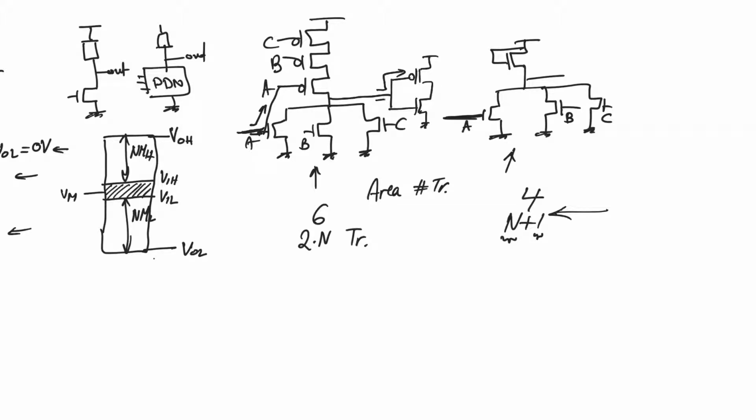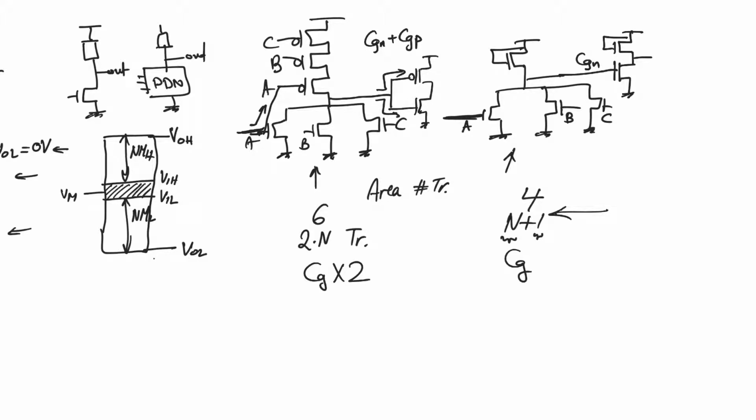And we are going to see loading coming from CGN and CGP. Whereas the ratioed family gate is going to see loading from a single transistor, only an NMOS. So this is going to see CGN. So basically CG in this case is almost double CG in this case.